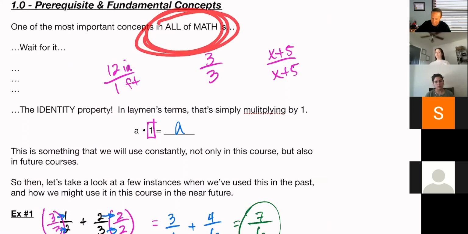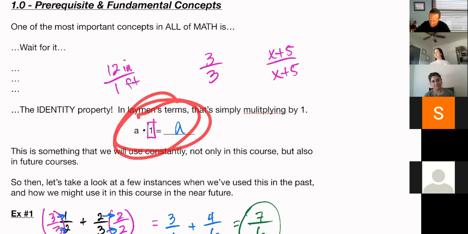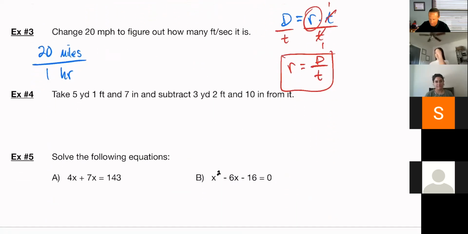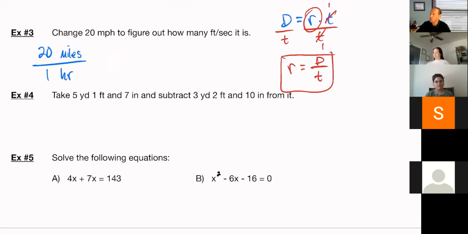Multiply by 1. Thank you. That's right. Multiplying by 1, we get an identical statement. So when I'm looking at this, I want to change that 20 miles per hour to feet instead of miles and seconds instead of hours. So I can multiply. How many times can I multiply by 1?